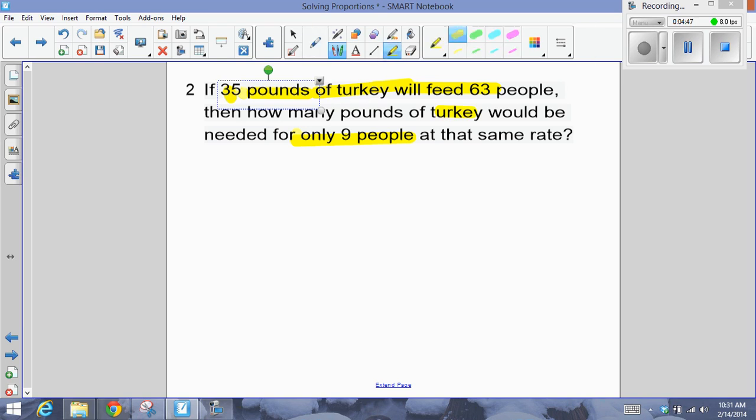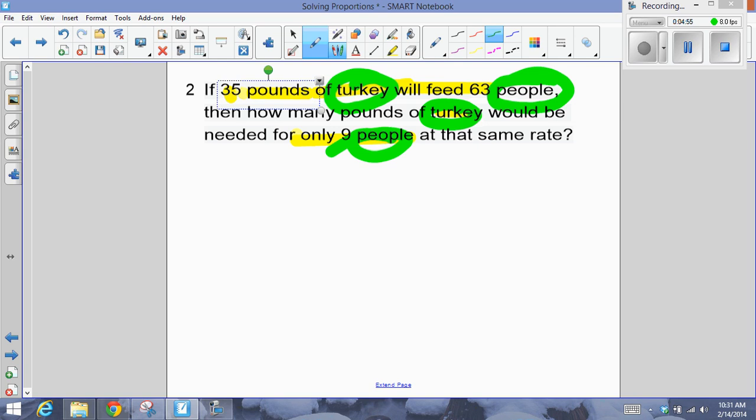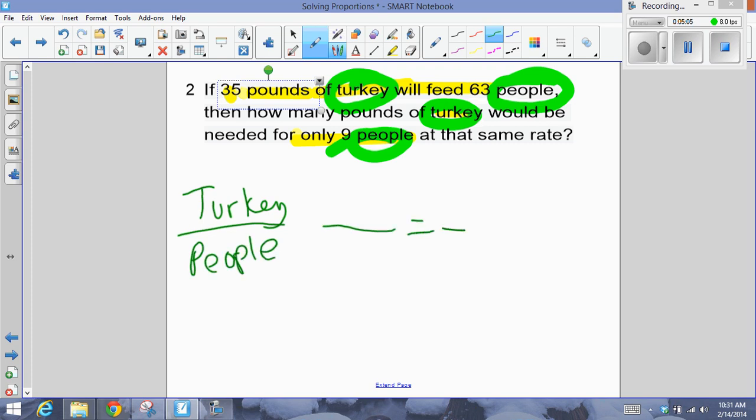Well, it looks like I'm comparing turkey and people. Turkey and people. It's important when you're setting up a proportion that you do this part right here, that you decide what you are comparing, because this is going to help us decide where to put all of our numbers.